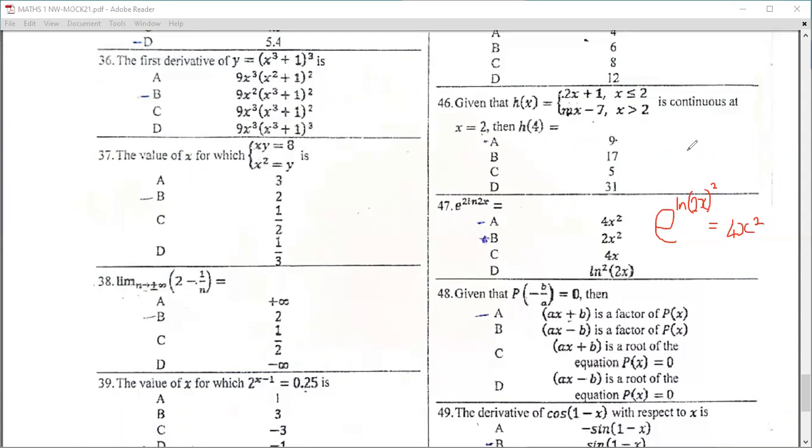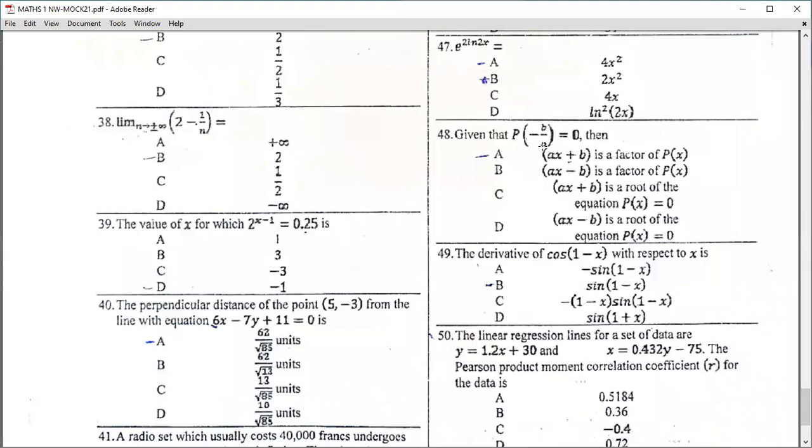Okay, now question 48. We have, given that p of negative b on a is equal to 0, then ax plus b is a factor of p of x. So which of them is correct? Is this first one? This is just what they call the factor theorem.